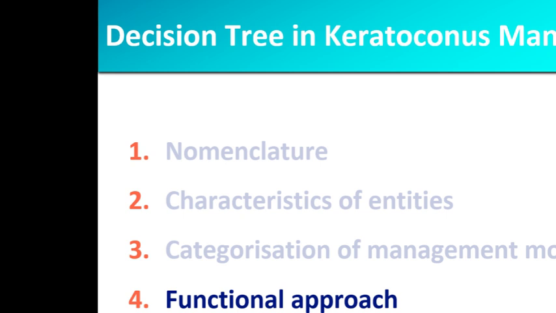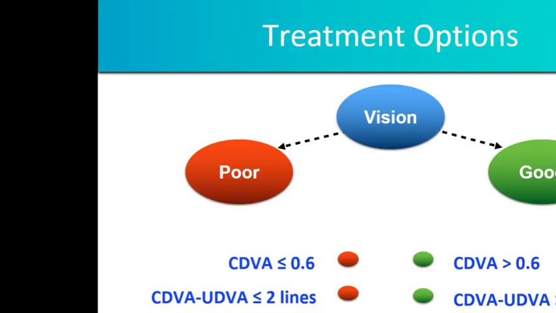This is the functional approach. First of all, let's say that vision is either good or poor. We don't have fair vision, which is in the middle. No. Either good or not good.